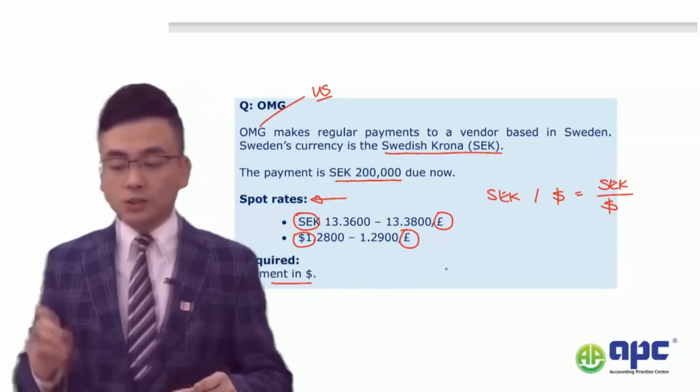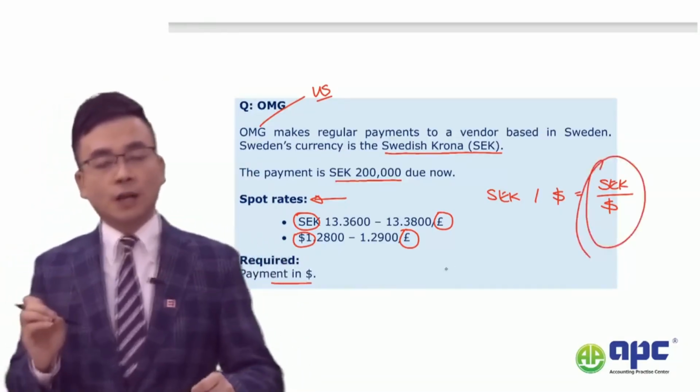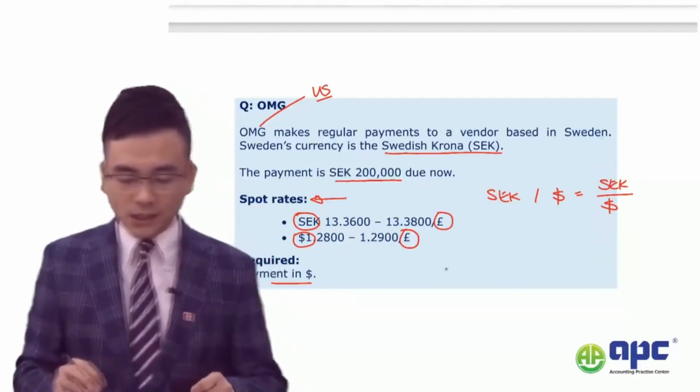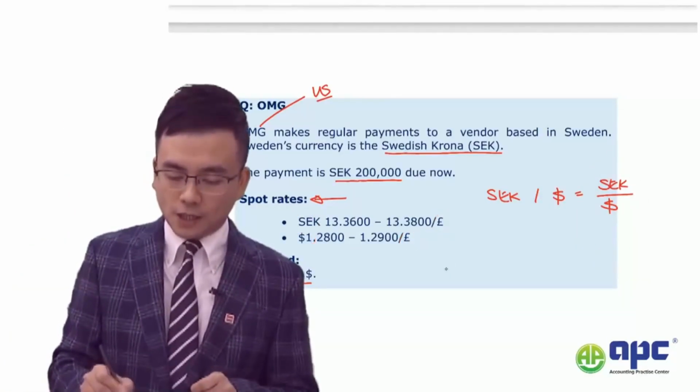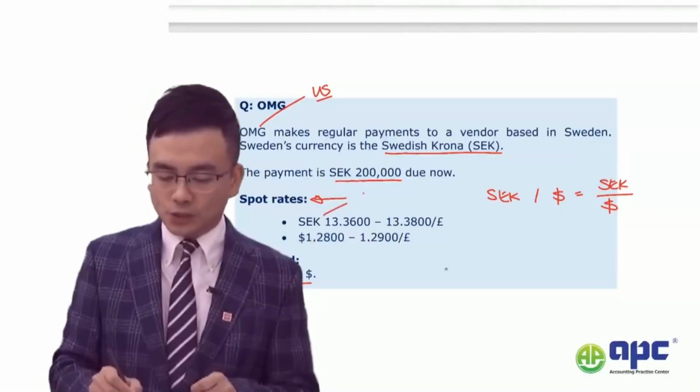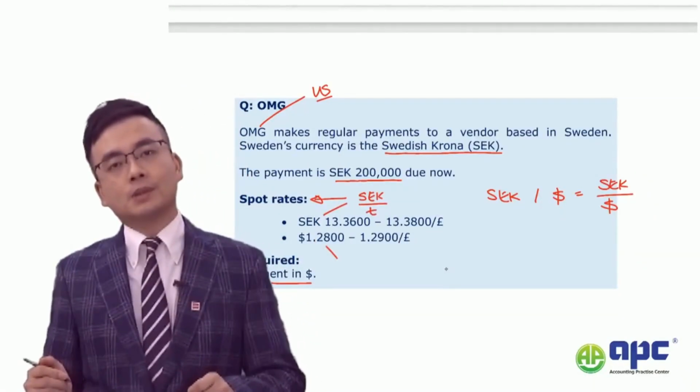Now, in order to get the SEK over dollar, let's see then. We are told about the SEK over pound, and we are told about the dollar over pound.